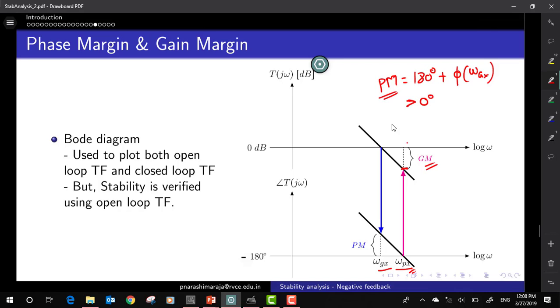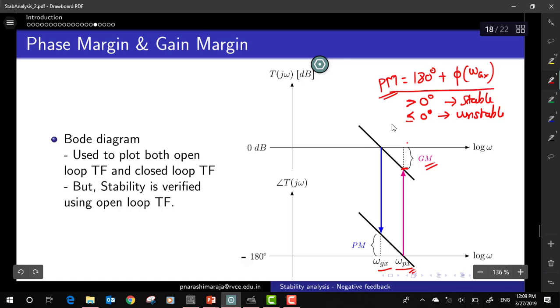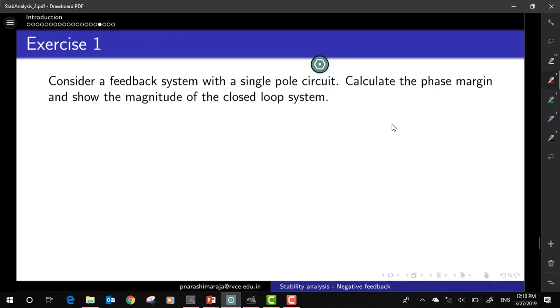In case it is equal to or lesser than 0 degrees, then your system becomes unstable. That is my definition. Now we will try two problems, and there is one important phenomenon that happens based on our phase margin. Regarding the significance of the phase margin, I will talk about it when we discuss the second problem.